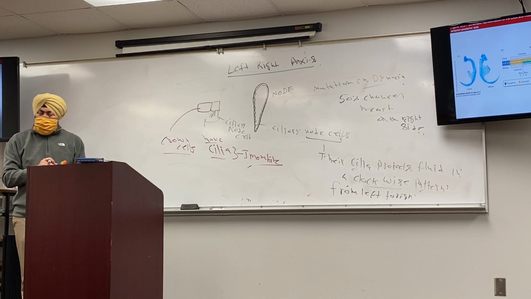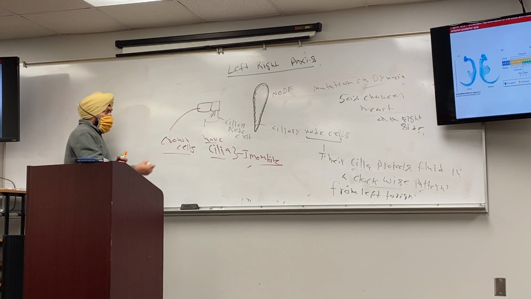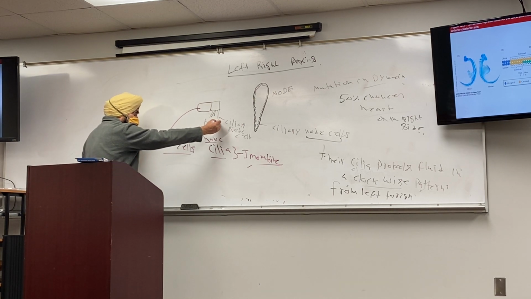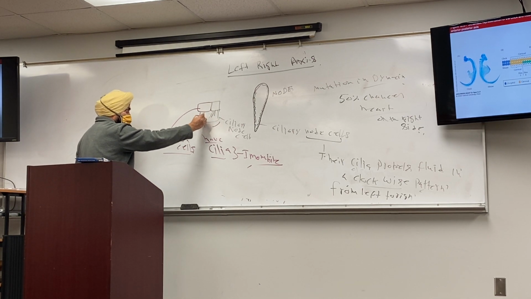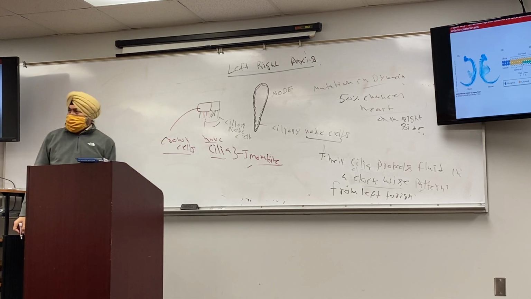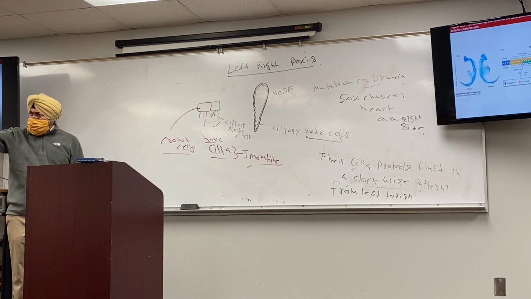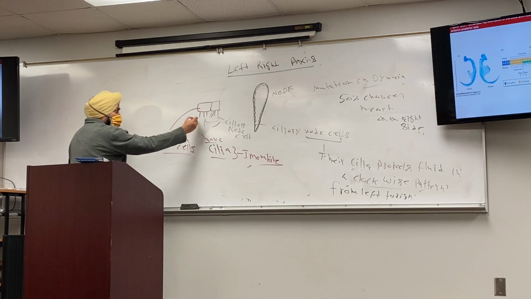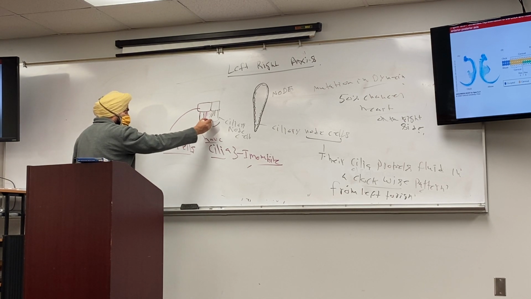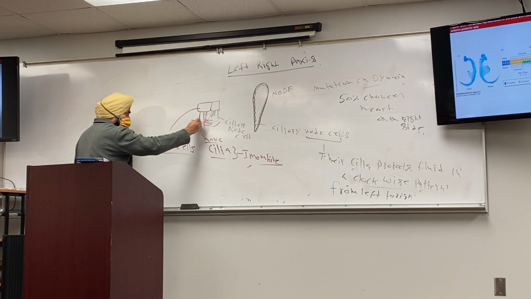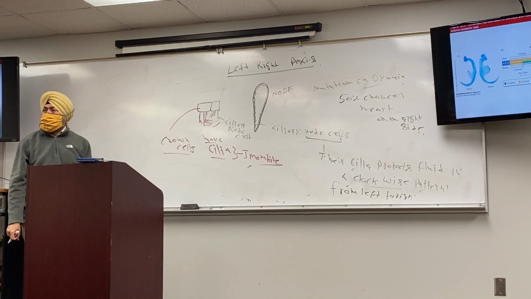So what happens is, when these ciliary node cells are moving the fluid, right here are the cilia, that fluid basically touches the cilia of the crown cells.